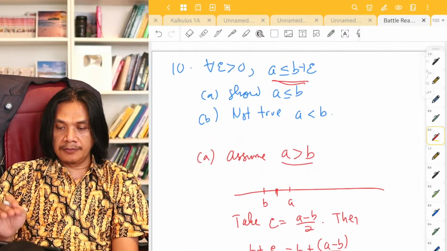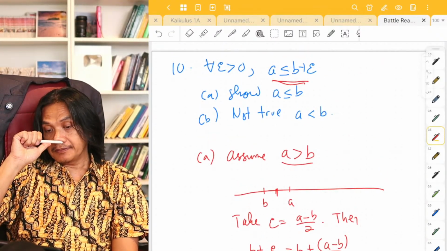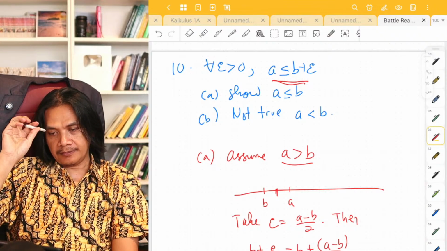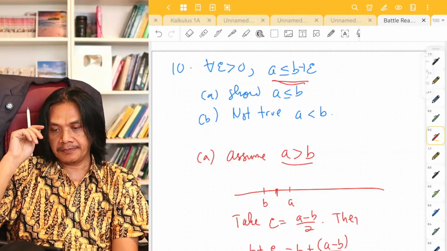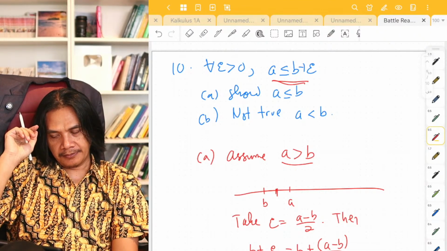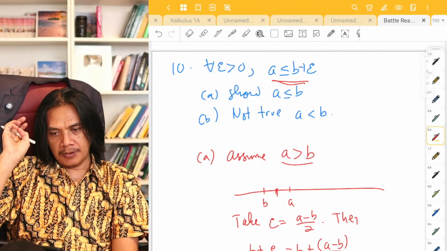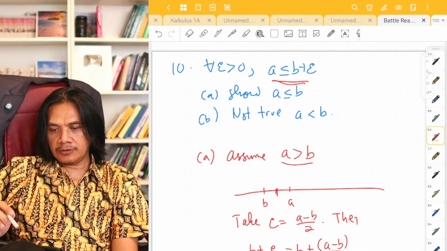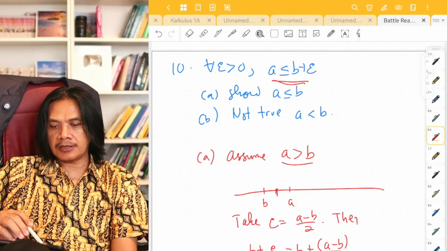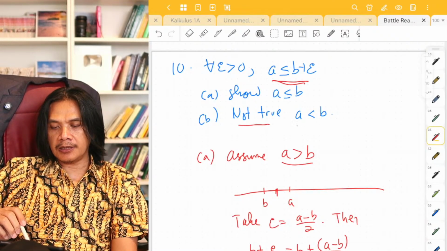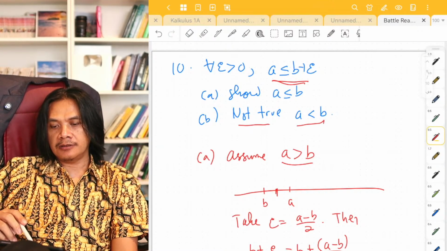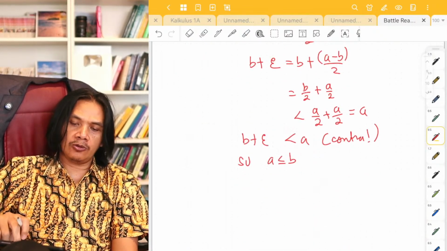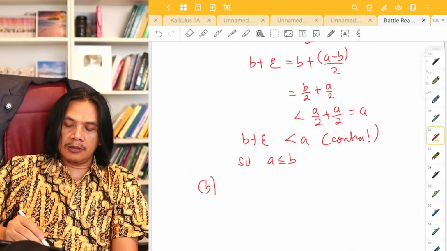If you want to show that A is allowed to be equal to B, then you have two numbers. Oh, that's really easy. It says that it is not necessarily true that A must be less than B. If A equals B, then A is always going to be smaller.